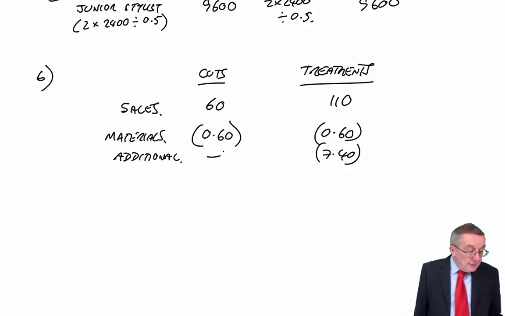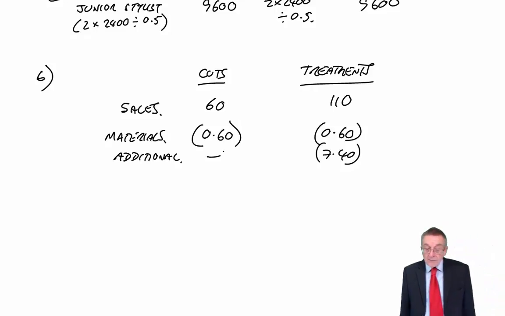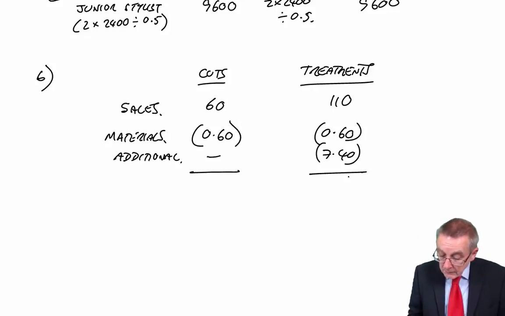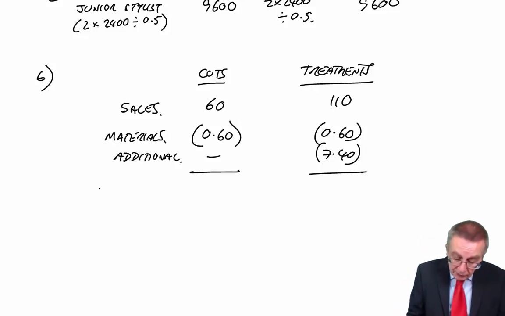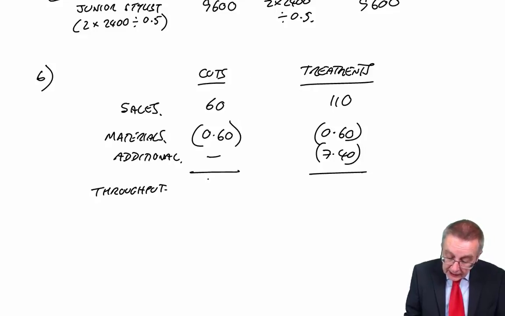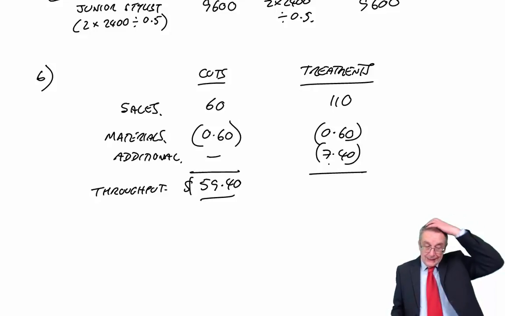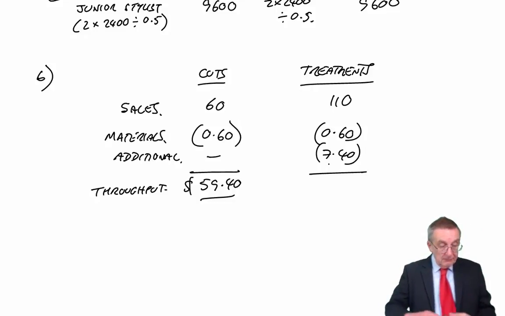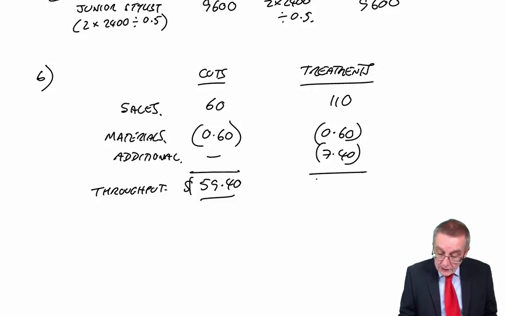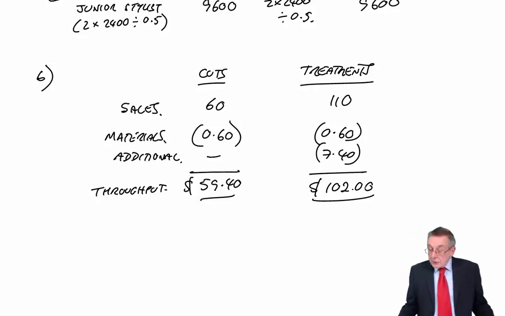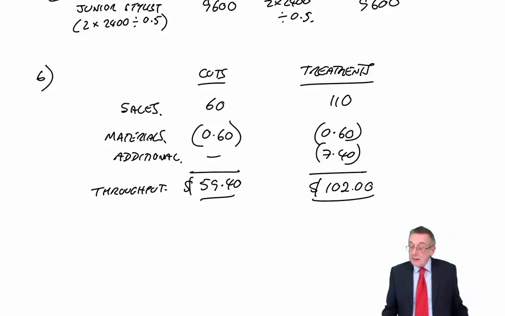So those are the only material costs mentioned, and therefore contribution on this basis, which we call the throughput, for cuts is $59.40 per unit, and for treatments is a different figure, 110 minus 8, $102 a unit. So there's the throughput, and in a sense contribution per unit.